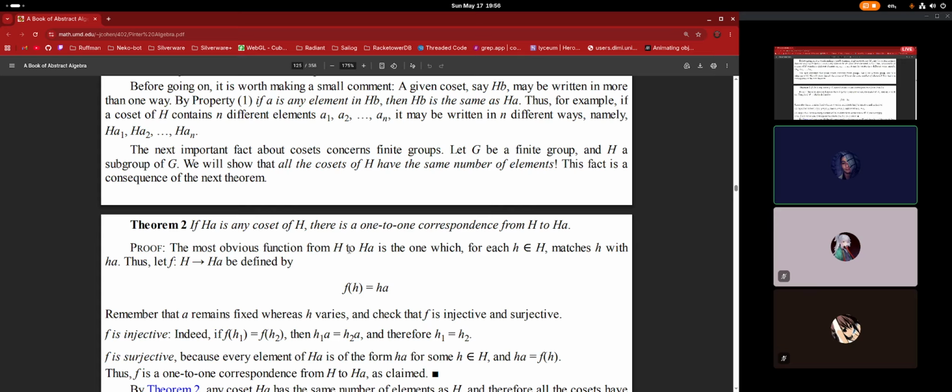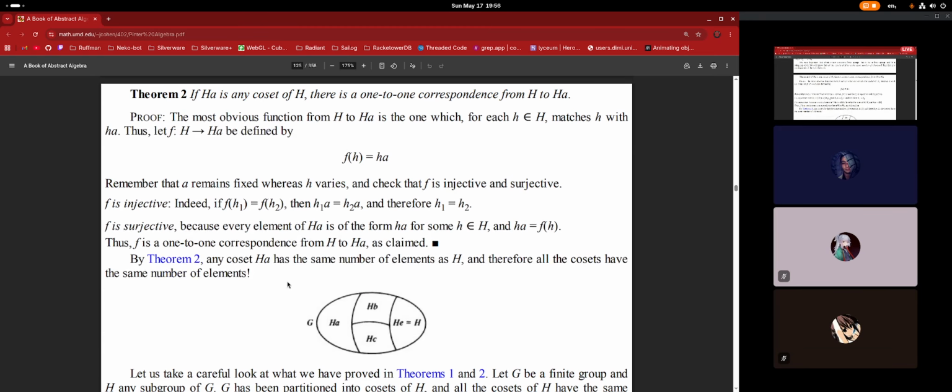The most obvious function from H to Ha is the one in which every h in H is matched with ha, of course. So we have a function that can be defined by just multiplying by the constant. Easy. Now, is f bijective? That's the question. To prove that it's injective, we have to prove that they are mapping to unique things, right?